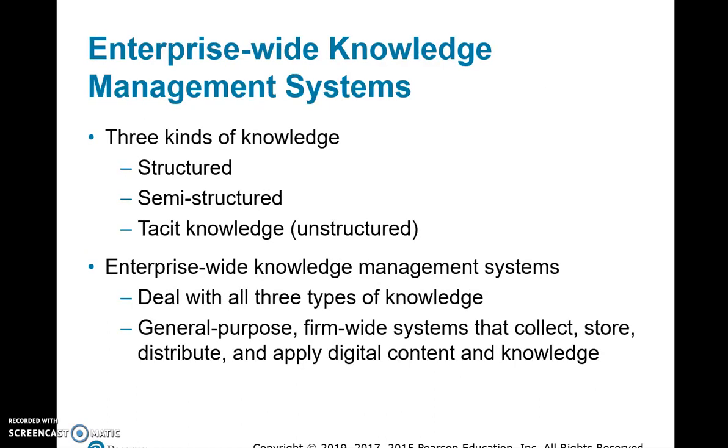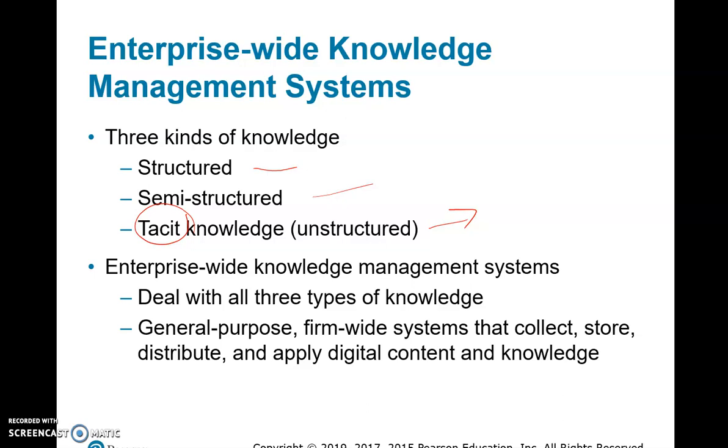There are enterprise wide knowledge management systems which have three kinds of knowledge: structured knowledge, semi structured knowledge, and unstructured knowledge, which is also called tacit knowledge. The idea is to collect knowledge from various parts of the company and put it together in one place.